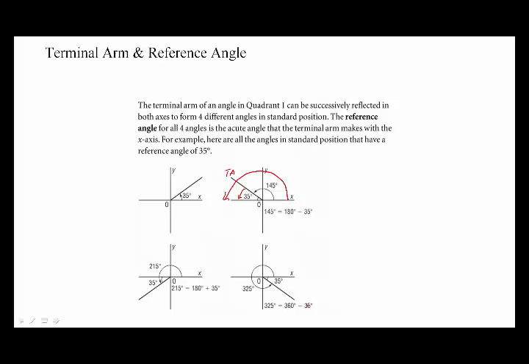How many degrees is that? 180. That's right, it's 180 degrees. So in other words, we're going to take 180 degrees, take away the angle, in this case 145, and it leaves us with 35 degrees, which is the reference angle.